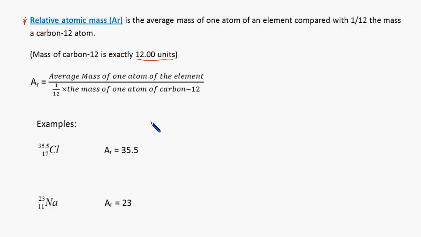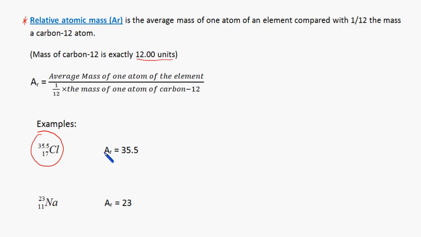So some examples: if you go to your periodic table, you will see chlorine is written as Cl, which is the symbol for chlorine, and the mass number is 35.5 and the atomic number is 17. This mass number gives you the relative atomic mass, right?